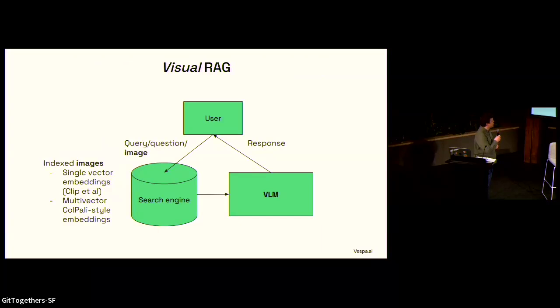So here's the other option, which is sort of what's up and coming and what I think is going to be a big direction in the future. And that is just completely skipping the part where you convert the images to text.